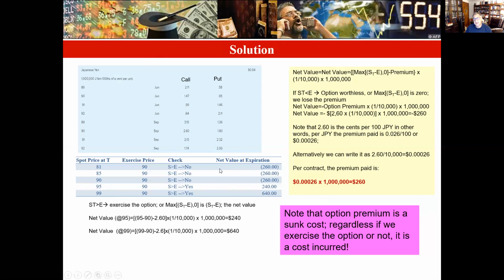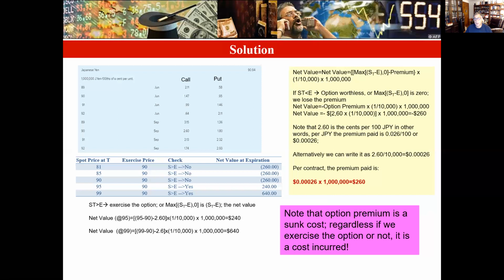This question is sort of covering the basics of options: when we exercise the option, and when we don't exercise the option. For the calls, whenever the spot price is lower than the exercise price, we do not exercise the option. For the put options, it is indeed just the opposite. That is, you exercise the option as long as the spot price is lower than the exercise price.